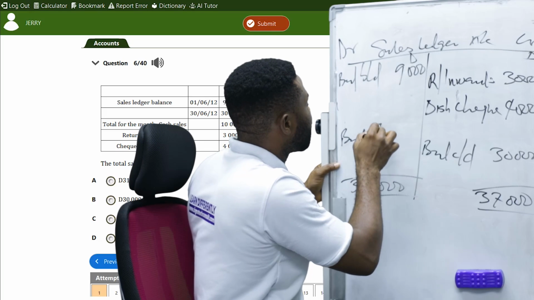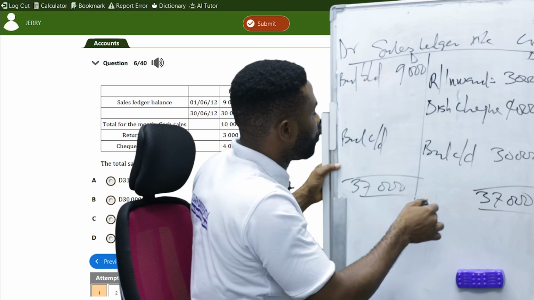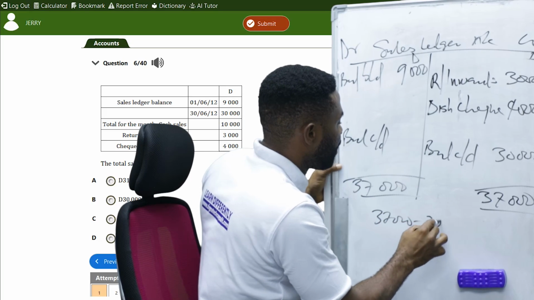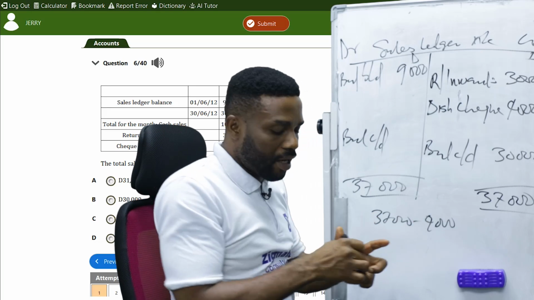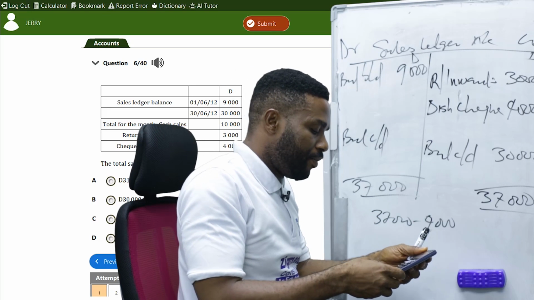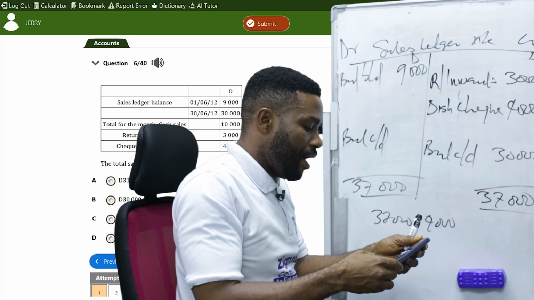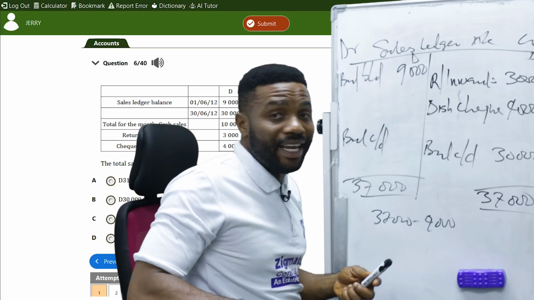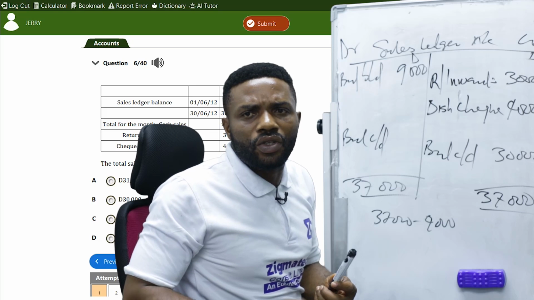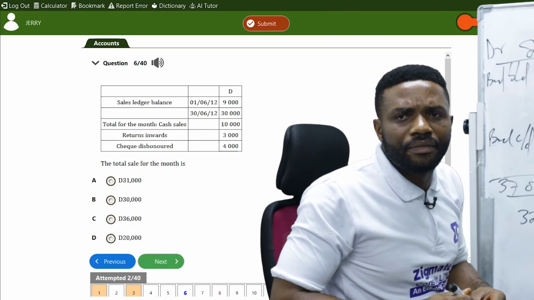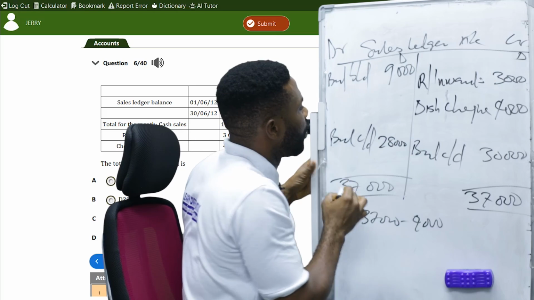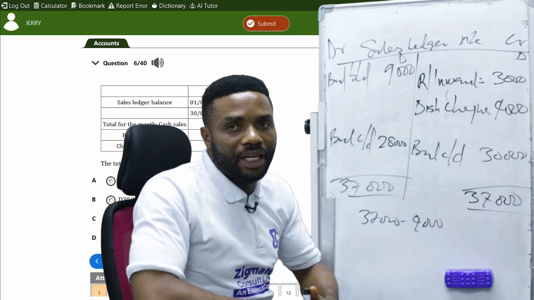Your balance carried down here is going to give you 37,000 minus 9,000, which gives you 28,000.